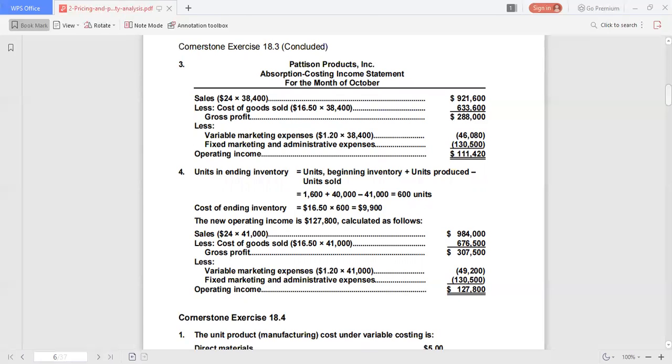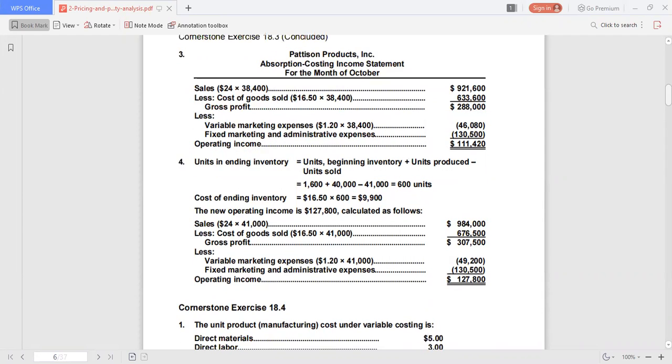Again, we are using absorption costing. And from the gross profit, we deduct variable marketing expense and fixed marketing and administrative expenses, leaving the operating income of 127,800. That is by using absorption costing. So, we have now the operating income for October and for November.